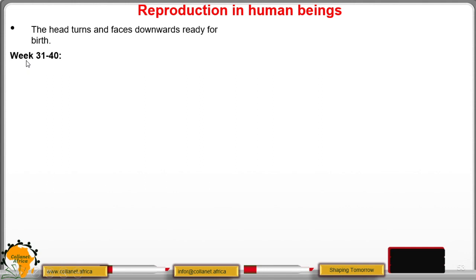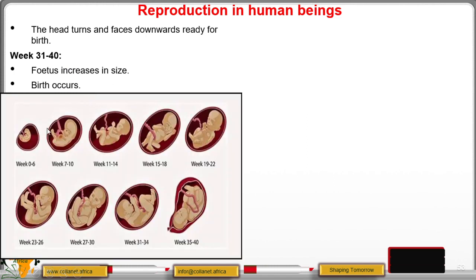From the 31st to the 40th week, the fetus is also increasing in size, and birth can take place at any time. So you can see the changes it is undergoing up to this point where the head is facing downwards, meaning birth is about to occur.